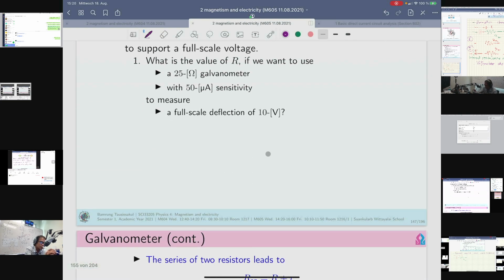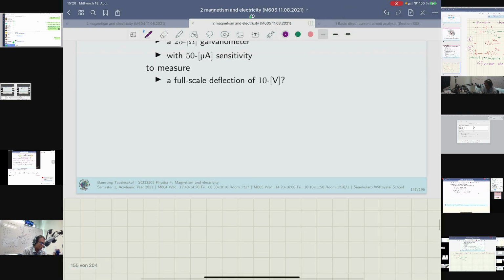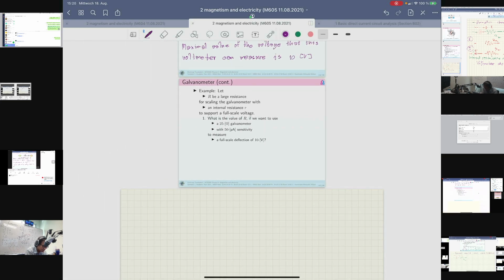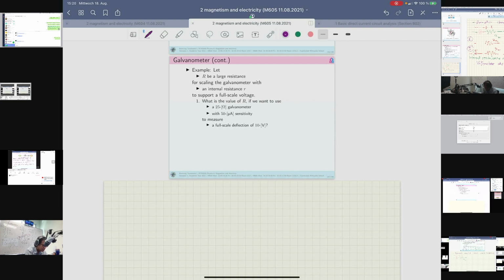So we're going to open a new page, and we have here the additional resistance and the internal resistance of the galvanometer, and here is the galvanometer, a perfect galvanometer without any resistance at all.